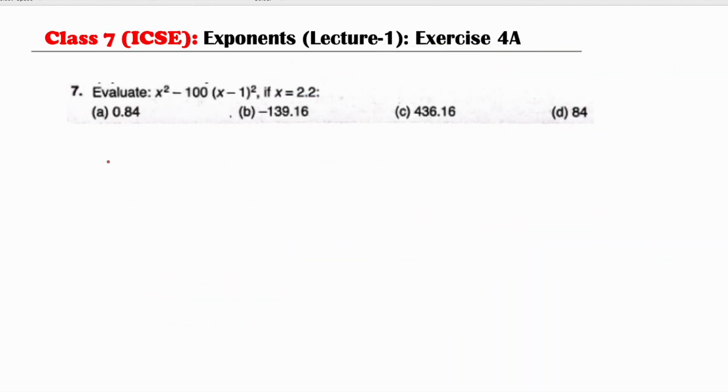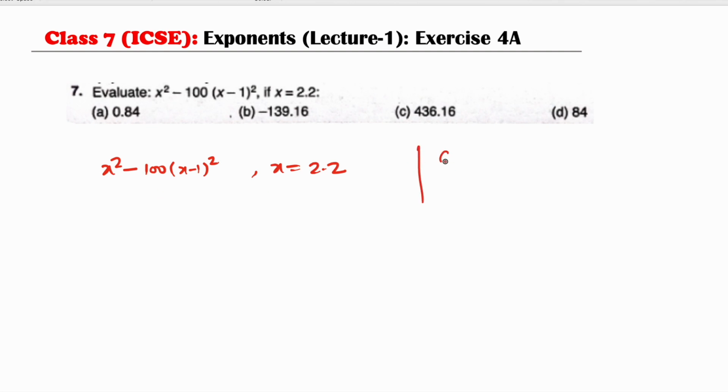Evaluate this. x square minus 100 into x minus 1 whole square. Here x is given as 2.2. So we can solve this using the formula, that will be much better. What is the formula?